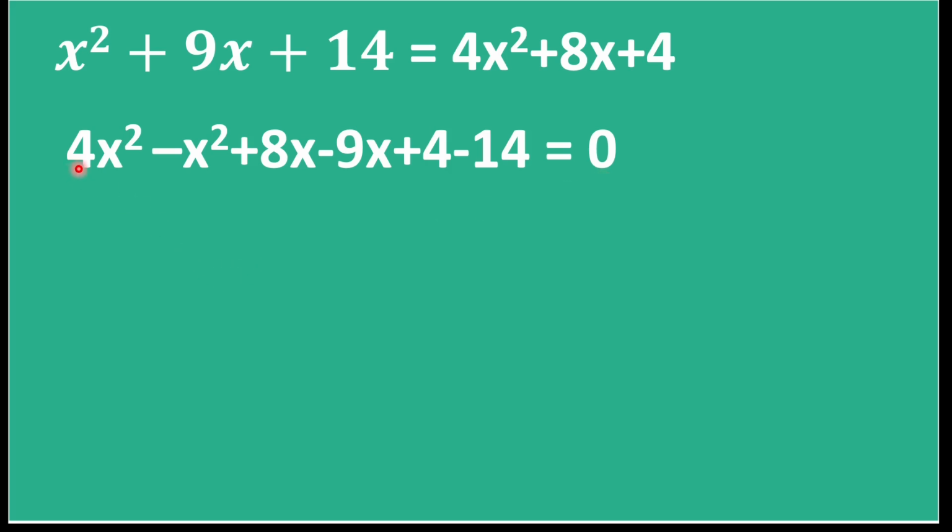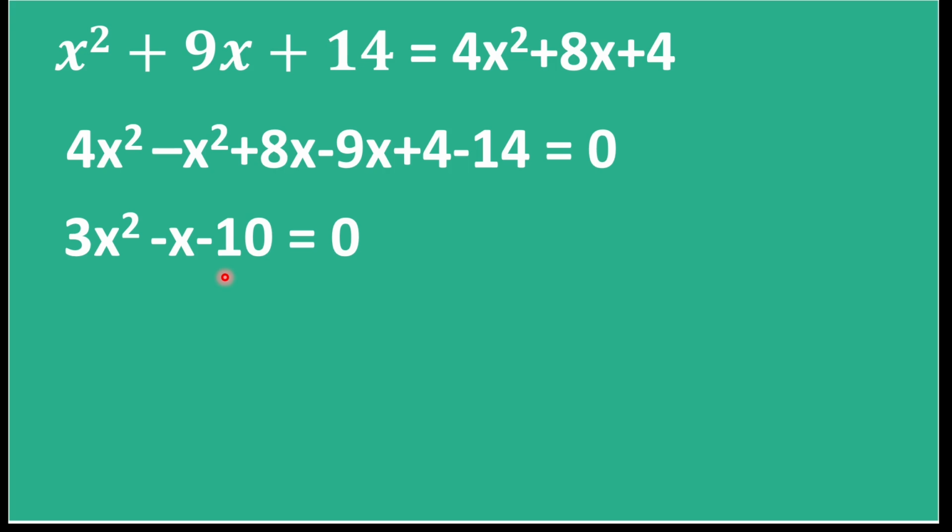So 4x square minus x square will become 3x square, and plus 8x minus 9x equal to minus x, and plus 4 minus 14 equal to minus 10 equal to 0. So 3x square minus x minus 10 equal to 0 is our equation, and this is a quadratic equation.